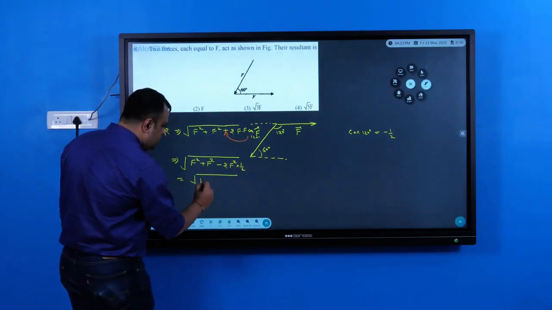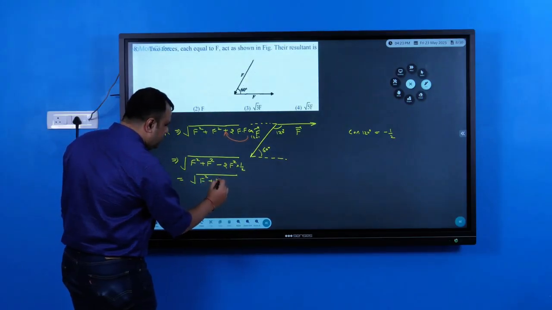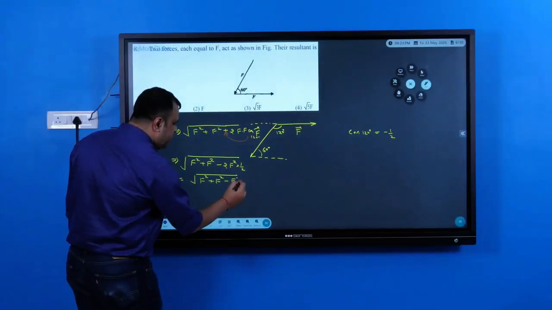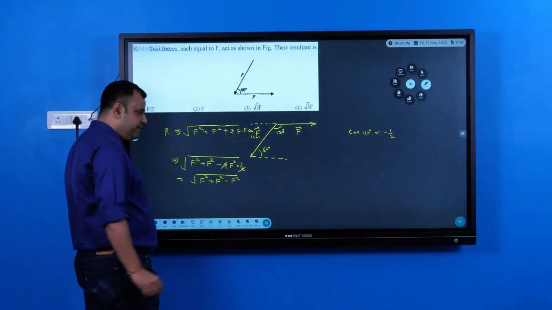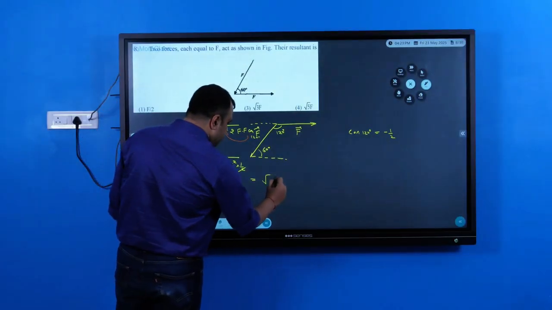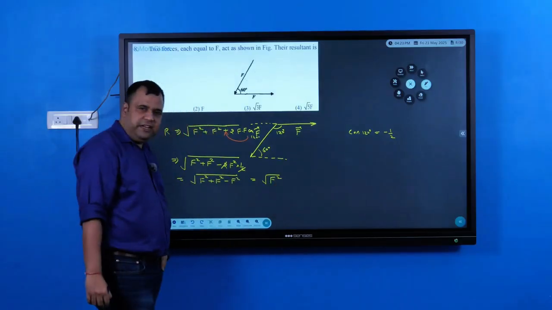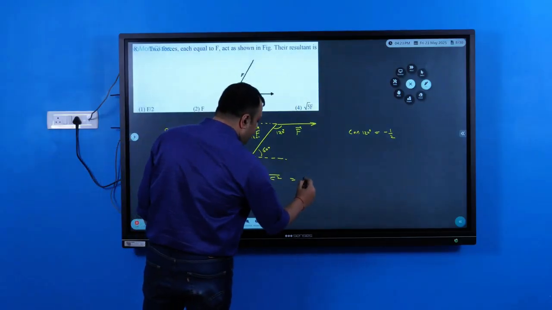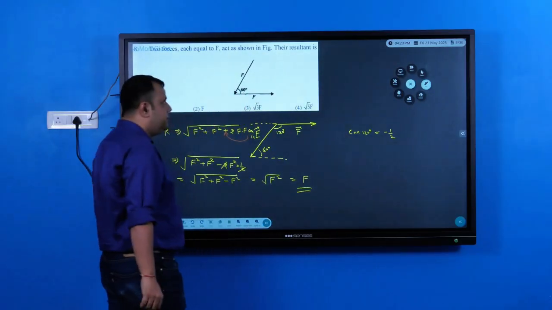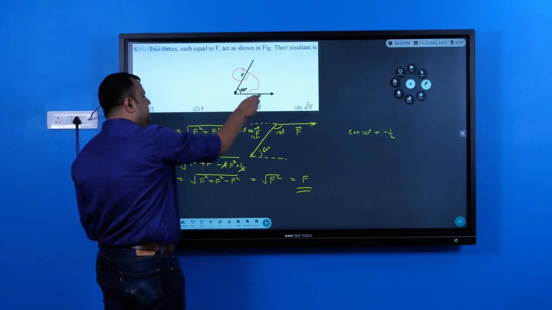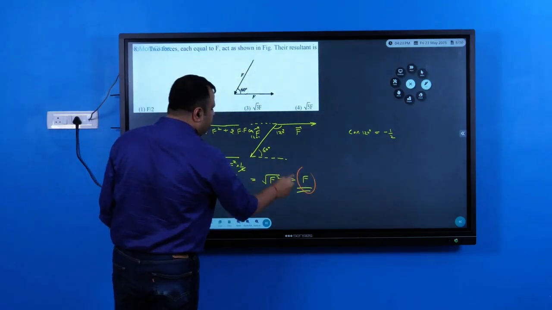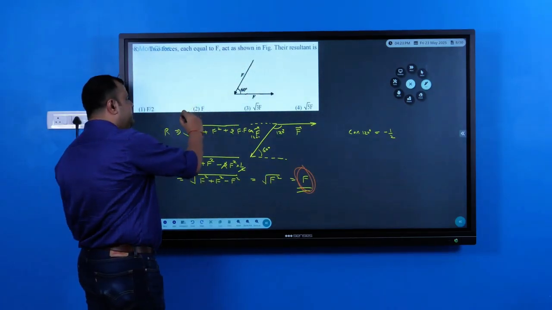That becomes F square plus F square minus F square. This 2 and this 2 will cancel out, which becomes the square root of F square, and which will give you the value of F. Meaning the resultant of these two forces finally comes out to be F only, which is the second option in this case.